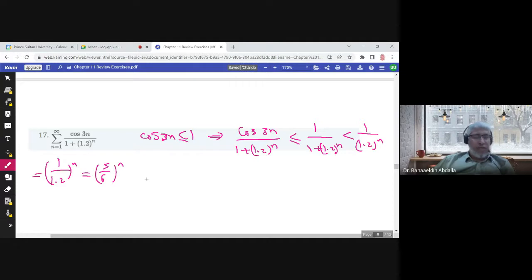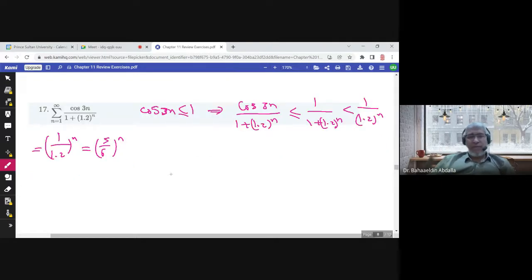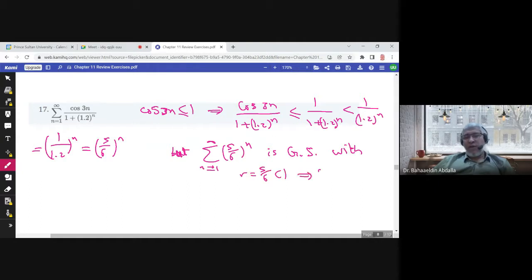And 5 over 6 to the power n, what is this? Summation of 5 over 6 to the power n, when n goes from 1 to infinity, is a geometric series with r equals 5 over 6, less than 1.